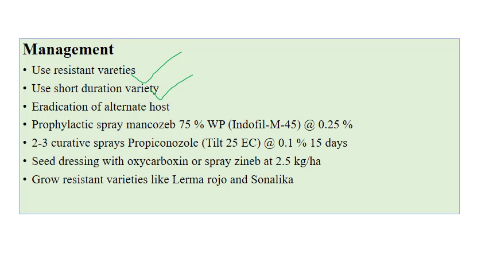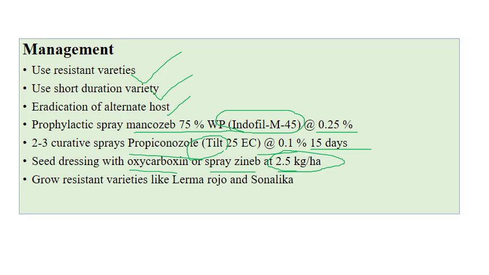And then eradication of the alternate host, that is Barberry, will also be a management practice. Then prophylactic spray of mancozeb, the trade name is Indofil M45, at the rate of 0.25%, or 2 to 3 curative sprays of propiconazole, which is commercially sold as Tilt, at 0.1% concentration at 15 days interval can be sprayed, and seed dressing with oxycarboxin or spray zineb at the rate of 2.5 kilogram per hectare can be recommended.